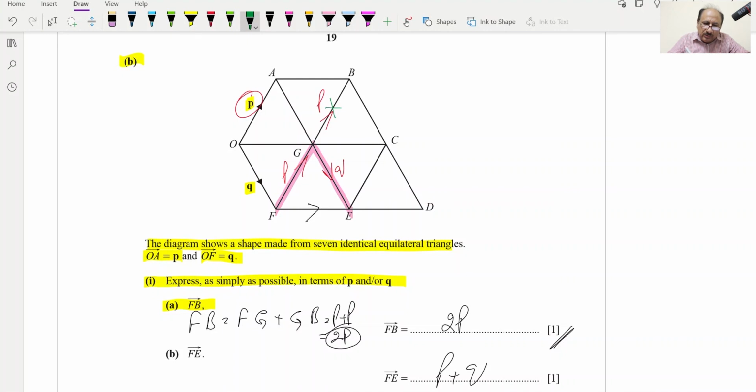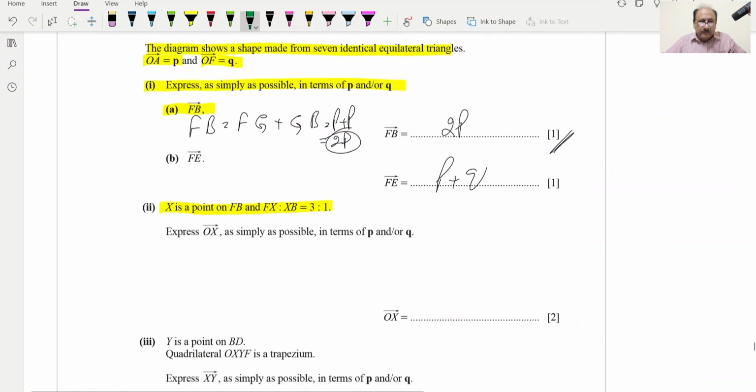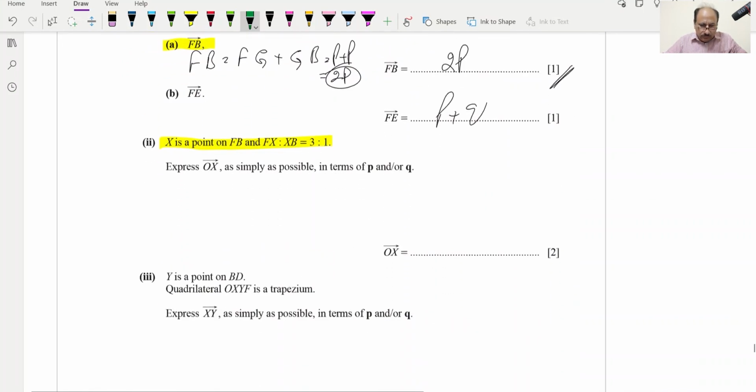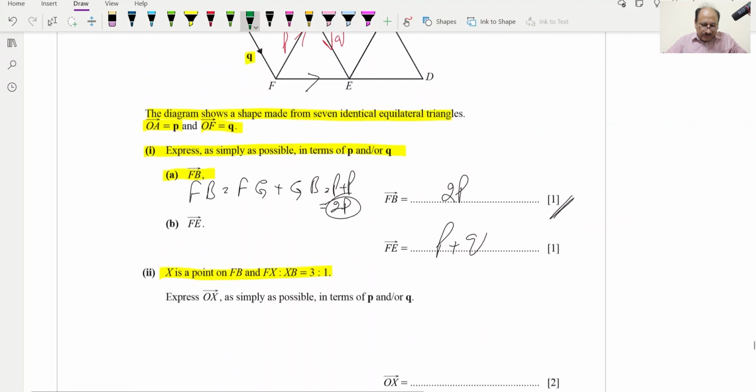We can do one thing, we will erase the extra working which we have done for the previous part. So this will be our point and we will mark it as X. Now this is 3:1. Express OX as simply as possible in terms of P and Q.